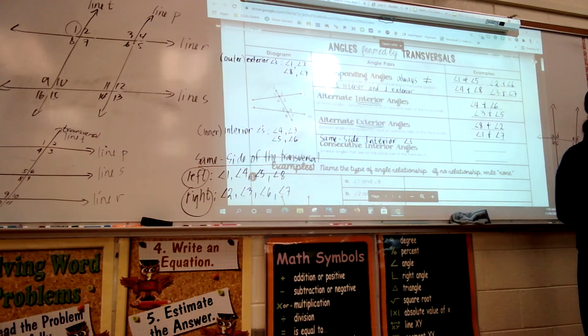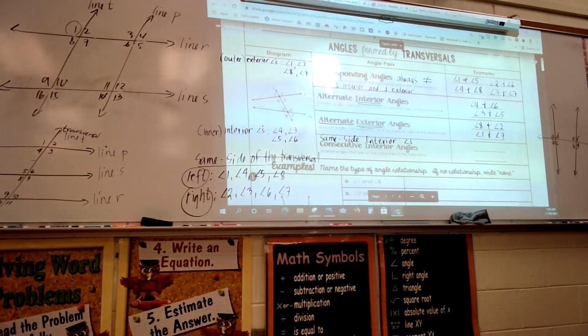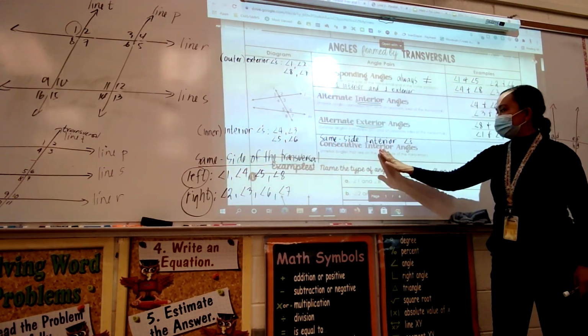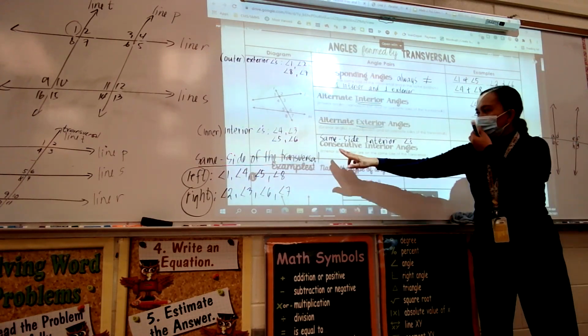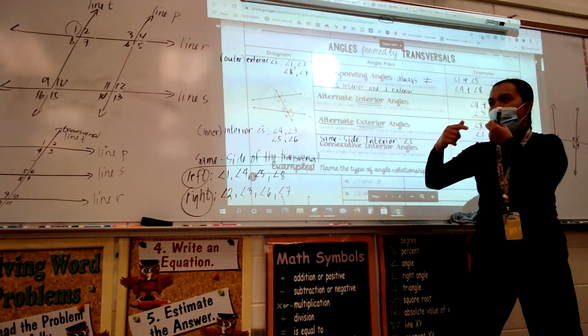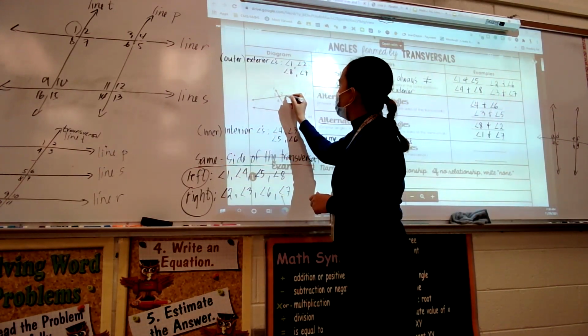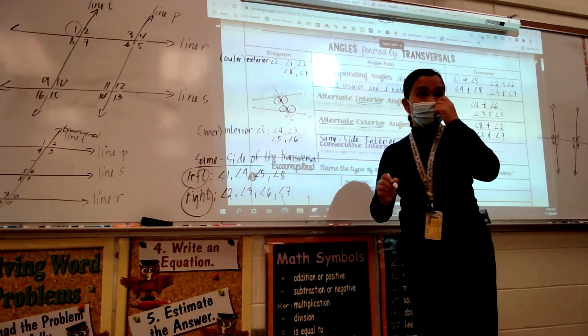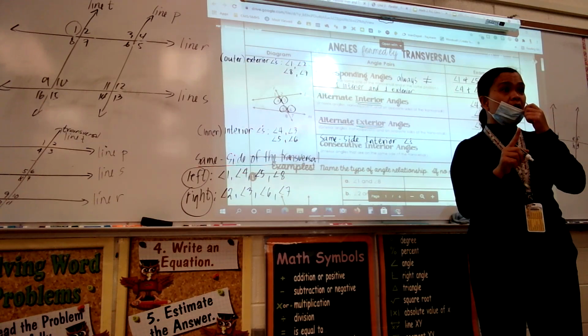You might hear me saying same side interior, not consecutive side, but I'm referring only to one angle. Same side interior angle or consecutive interior angle, what does it mean? Interior angles, they're all interior. So what are the interiors again? 3, 4, 5, 6, right? Those are the interior. Am I right?